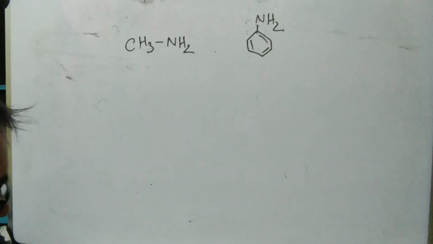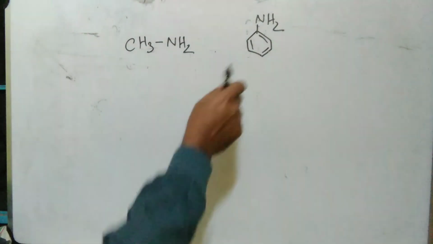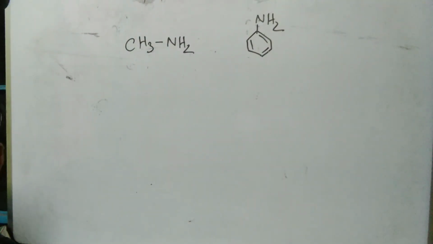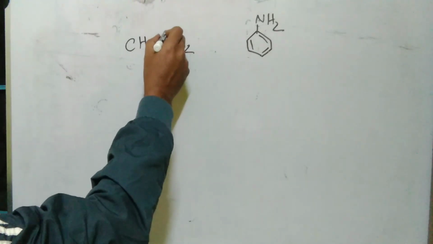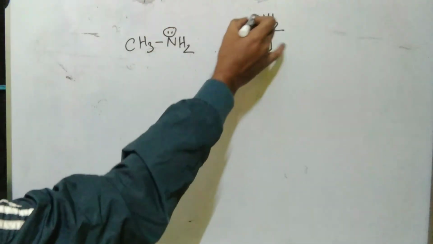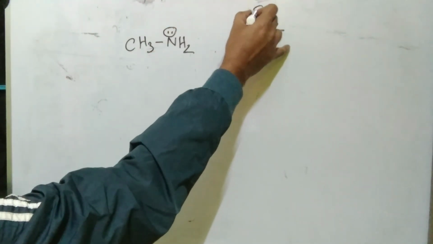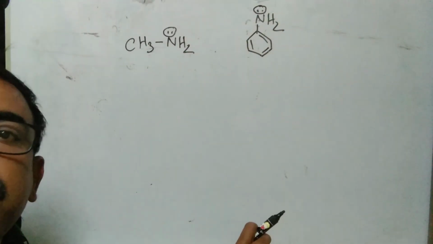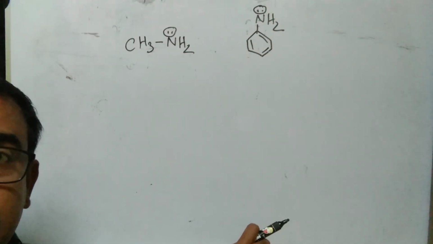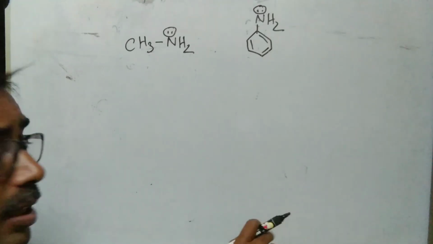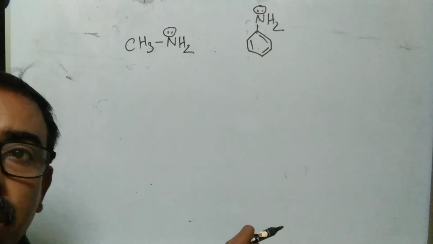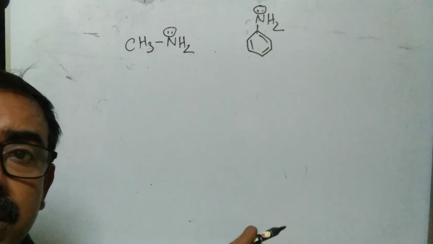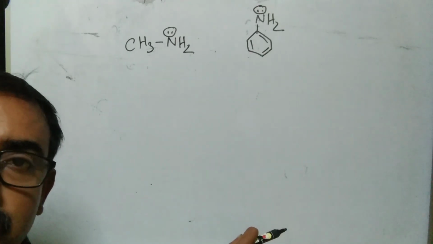Now first of all, these 2 are nitrogenous bases, and their basic strength depends upon their tendency to donate lone pair electrons to others. That means these 2 are actually Lewis bases, where the lone pair is given by the N atom. Where the availability of lone pair is more, its tendency to donate will also be more.